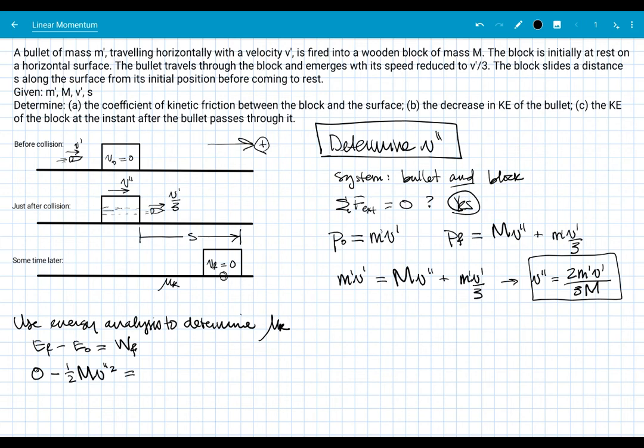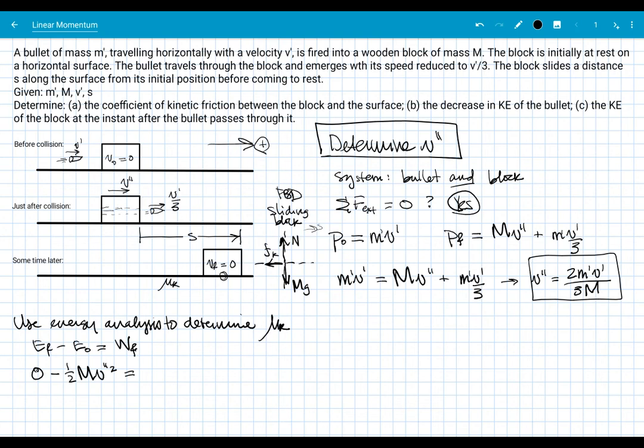So now I'm going to do a quick free body diagram of the block as it's sliding. So this is the sliding block. And as the block is sliding, what's going on with it? Well, we've got weight, we've got normal force, and we have a force of kinetic friction. And my displacement is, of course, to the right there.